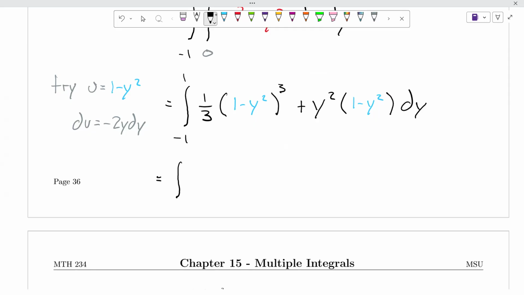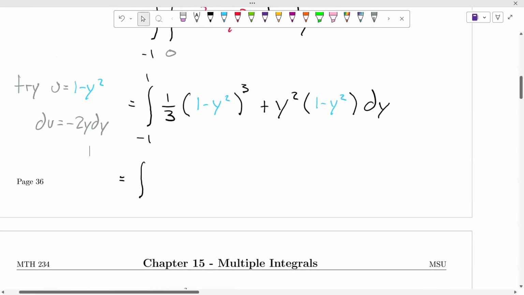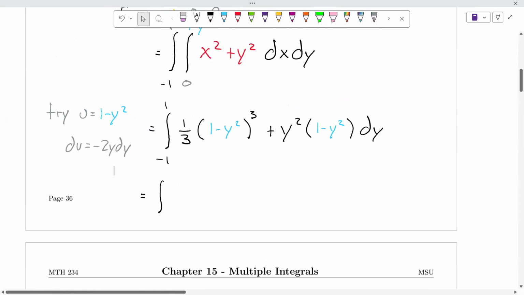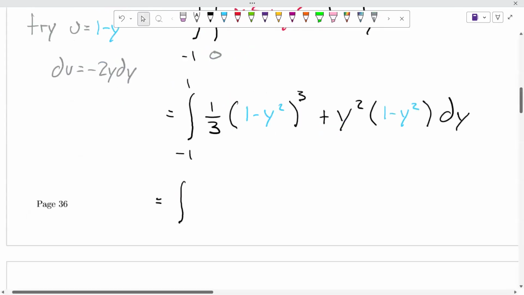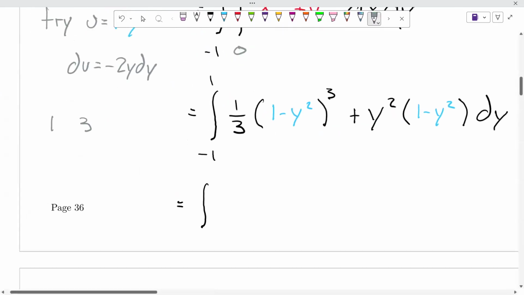Maybe it won't be as bad as it looks. So let's just get to that. If I go to Pascal's triangle, and I'm looking to multiply out a cubic, that line in Pascal's triangle is 1, 3, 3, 1. So those will be the coefficients of 1 minus y squared cubed, right? If I cube out a binomial, there we go.